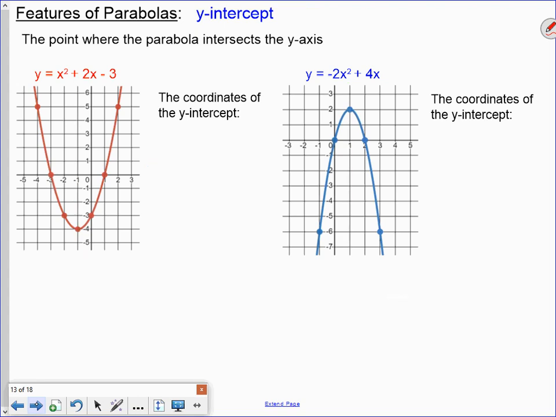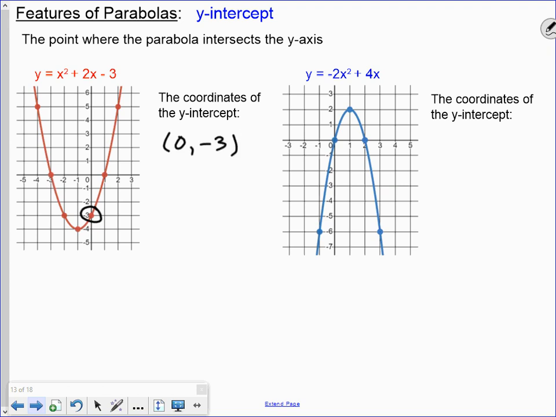Like linear equations, parabolas also have a y-intercept, where the graph of our parabola crosses the y-axis. Here is our y-intercept. The coordinates of our y-intercept for this parabola are (0, -3).